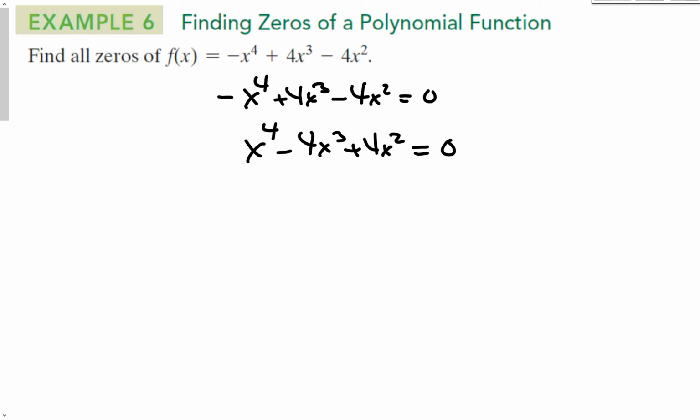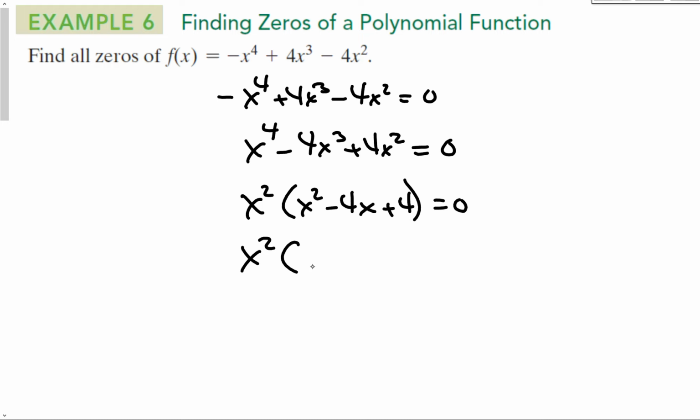And when I multiply the right side by negative 1, that just turns into 0. Okay? Now I can factor out an x squared because that's what's common with all 3 of these. So x squared times x squared minus 4x plus 4. Factoring this trinomial, of course, gives me x minus 2 times x minus 2, which is x minus 2 squared.